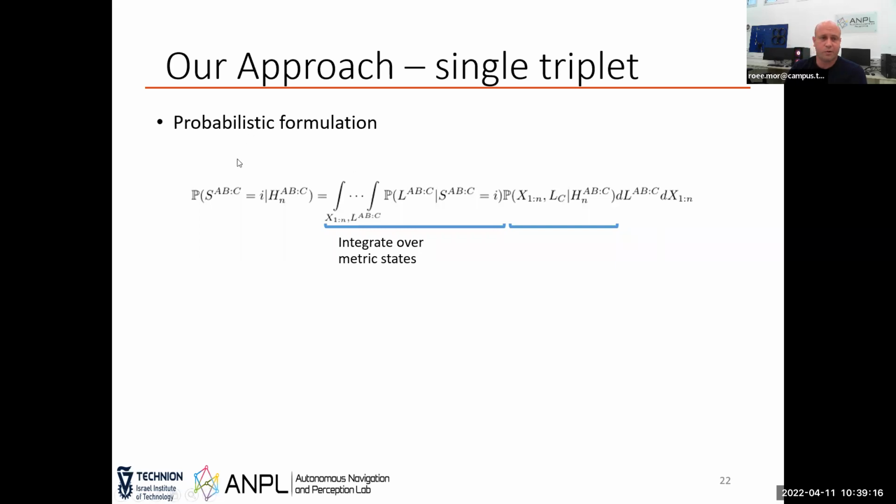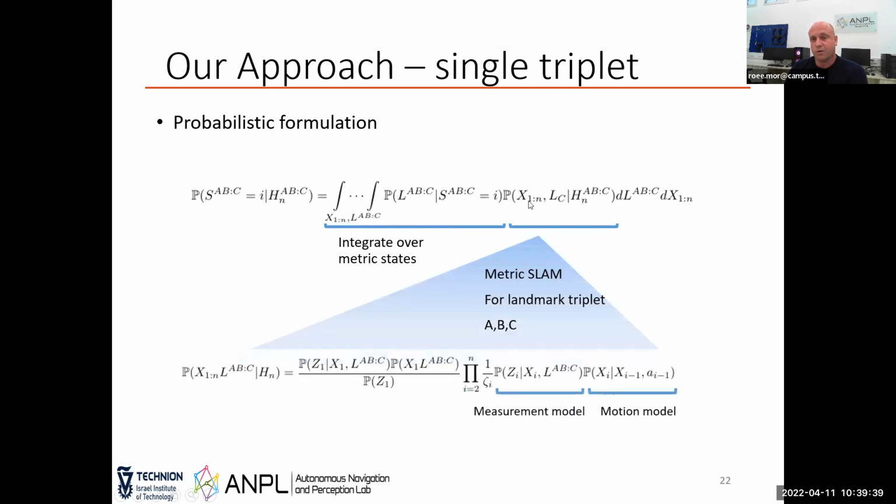If we look at the formulation for this problem, it is just trying to solve the probability for a specific qualitative state of C in the AB frame, given the measurements. And then you can see that we just solve the metric problem itself and just integrate over different states, okay? So the metric SLAM problem, this is a standard SLAM formulation.